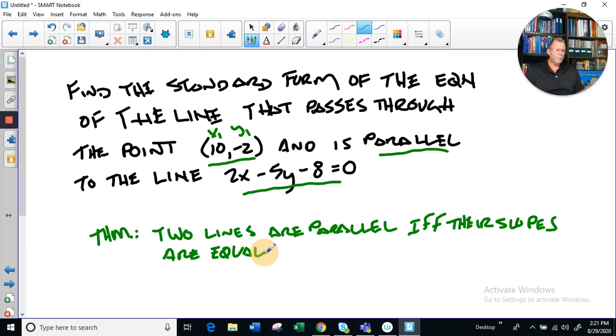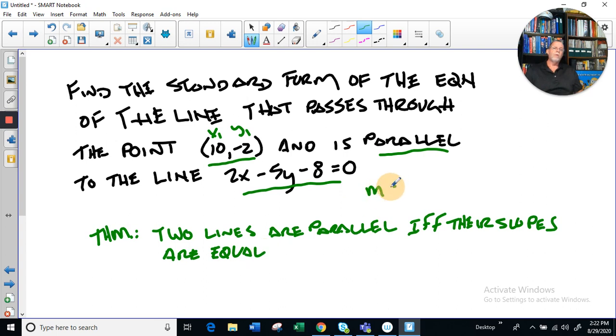Now, there's some different relationships we can get from this. Two vertical lines are always parallel. Two horizontal lines are always parallel, that type of thing. But it's important here to know that when we have parallel lines, we have equal slopes. All right? So we have a point, and they've given us a line that we're parallel to, so we just have to find the slope of this line.